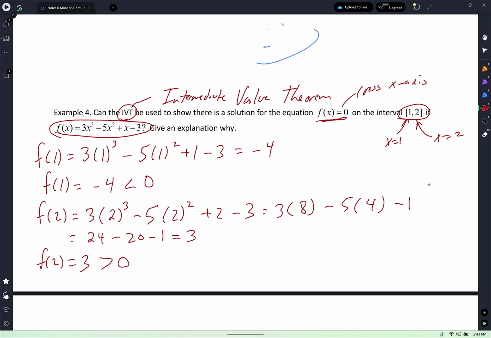F of 1 was negative. F of 2 is positive. Did I cross the x-axis? Yes. Here's how you're going to say it. You're going to say, since f of x is continuous, comma, and then what would I say next? Can I do a semicolon? Is that wrong English? It is wrong? Okay.